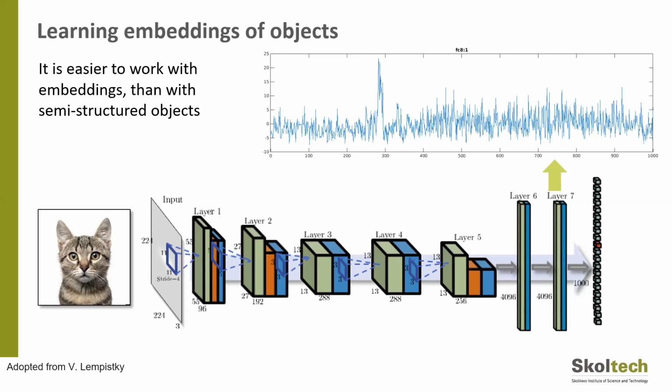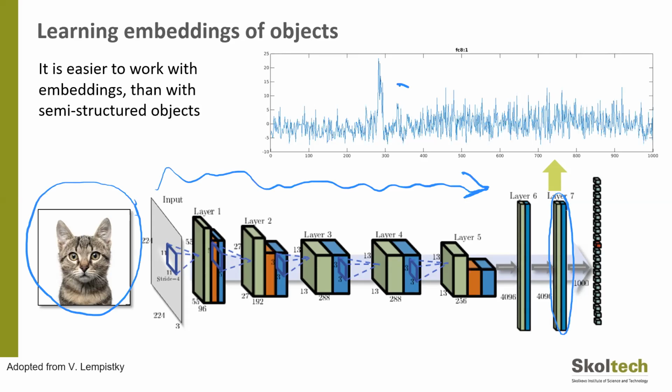If we have a figure and we process it through our layers of networks, in the end we have a fully connected layer and a representation of an object. We can say that these numbers are what we are looking for. They're really some kind of embedding of an image.